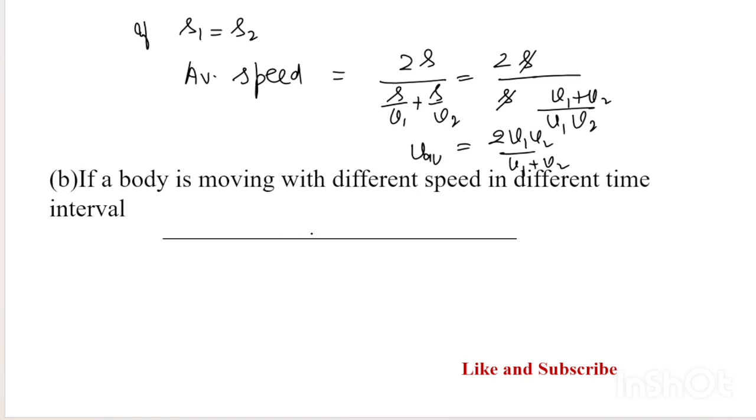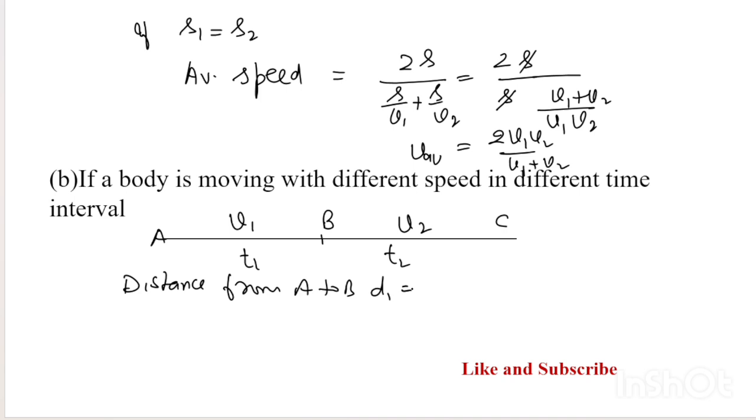If a body is moving with different speeds in different time intervals, for this v1 and for this v2, time interval t1, time interval t2. So if this point is A, this point is B, this point is C. The distance from A to B, d1, equal to v1 into t1, and from B to C, d2 distance equal to v2 into t2.